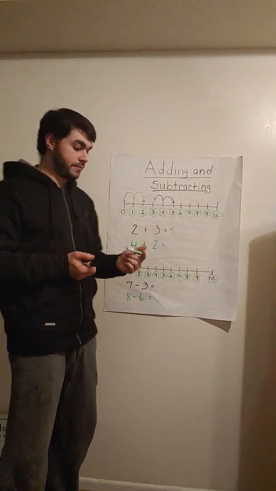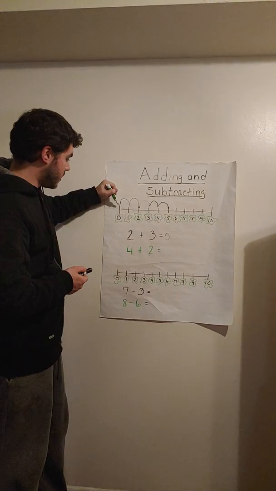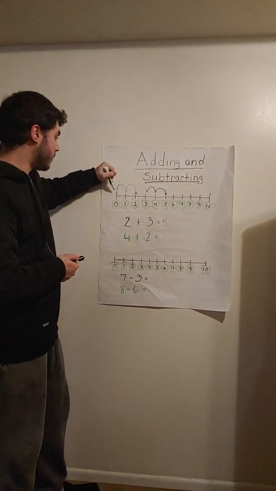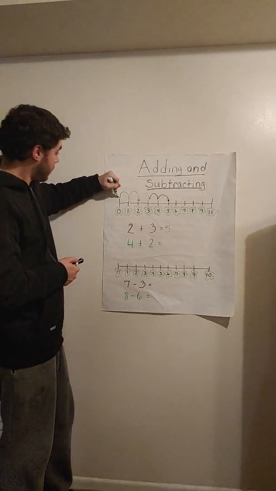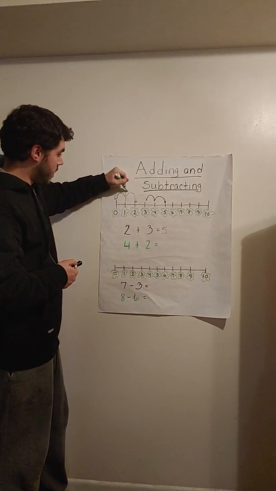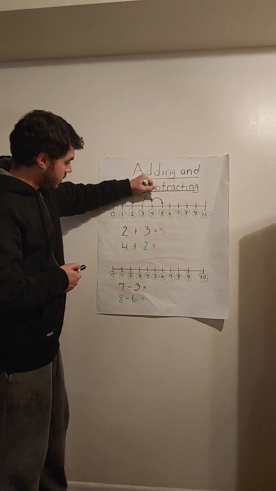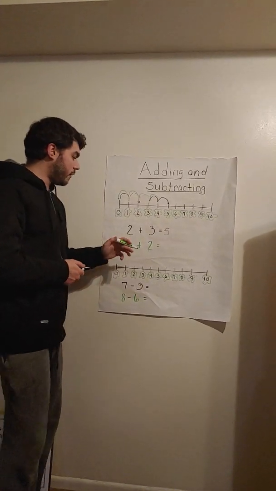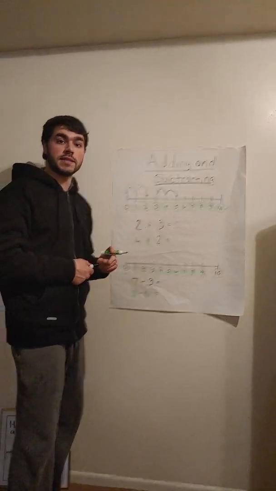Well, let's find out. So, we're going to start by jumping across 4 lily pads. So, we start from 0, and we're going to jump by 4. 1, and a 2, and a 3, and a 4. Well, now our frog is on the 4th lily pad. But wait, our frog has to jump by 2 more lily pads.